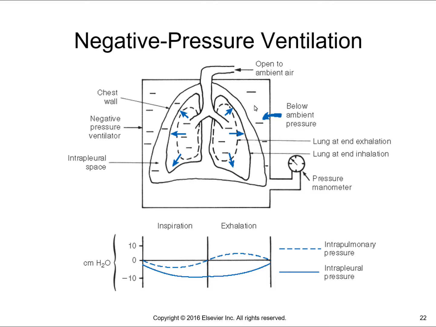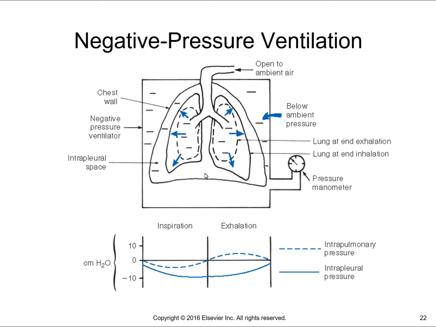As negative pressure breathers, this is the anatomical way we breathe. We generate negative force in here. This is just a manometer measuring the pressures. Normally we generate a negative pressure. When I say negative or positive pressure, this is pressure within the lungs as opposed to the atmosphere.